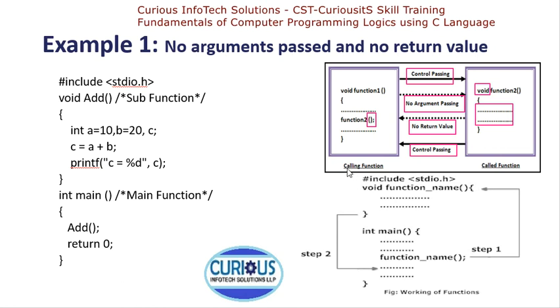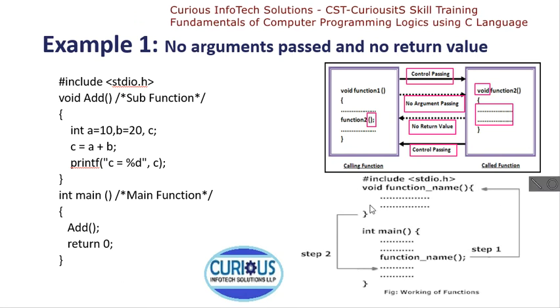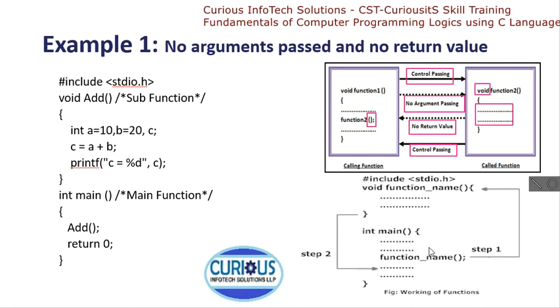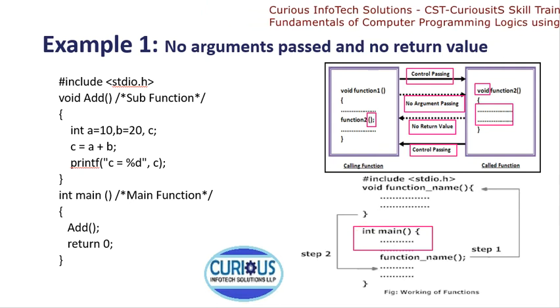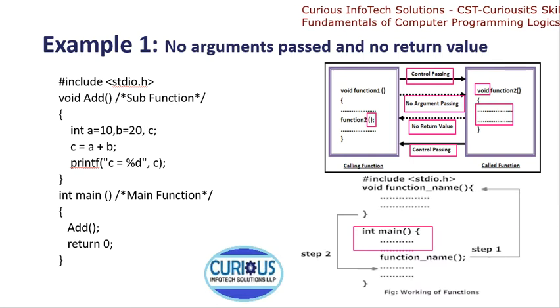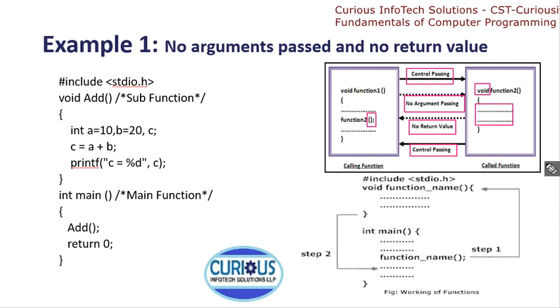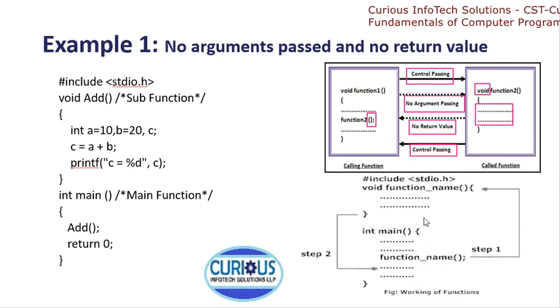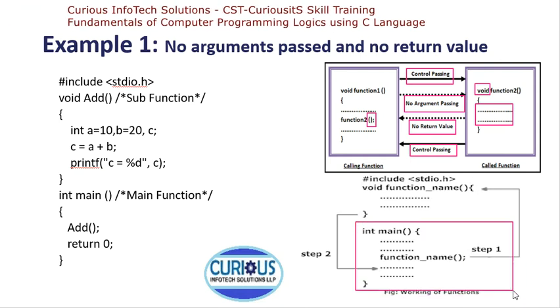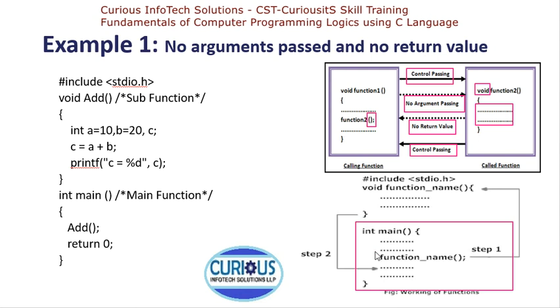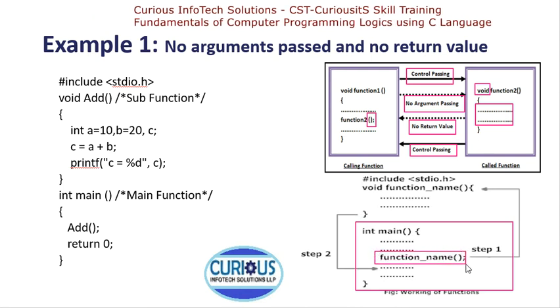Now, how does this function work? This is the way. Let's say you have this function in which your main function is there. In the main function, step 1, you have written the name of the sub function.